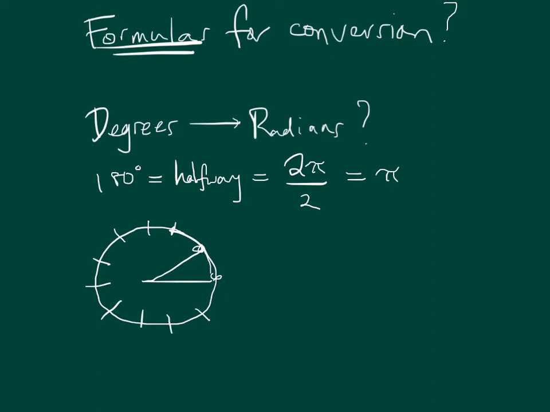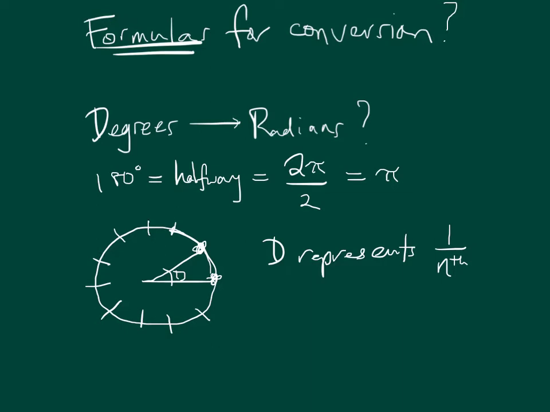I'm going to use n. I'll use capital D for degrees. And I know that D represents 1/nth of the circle.